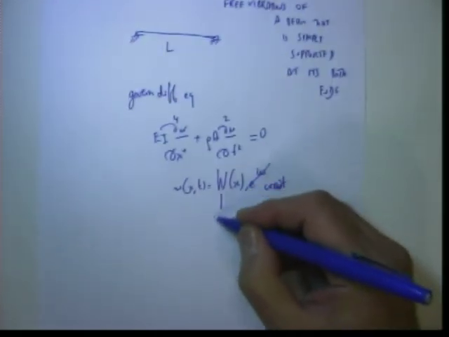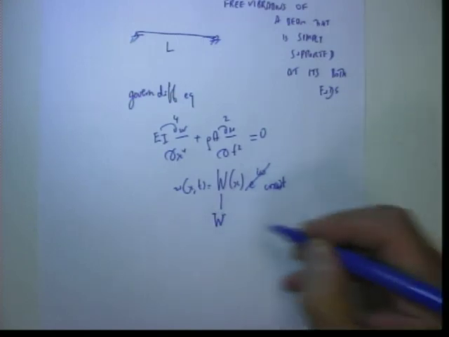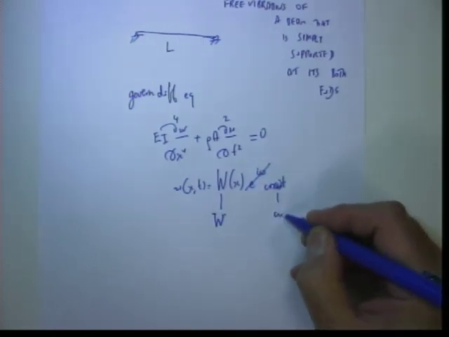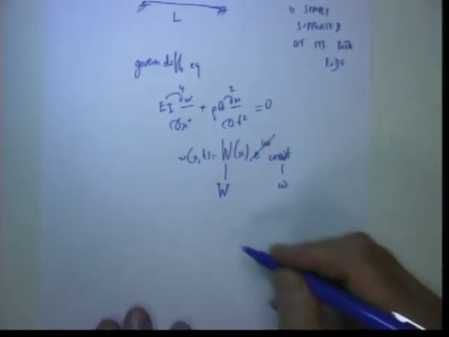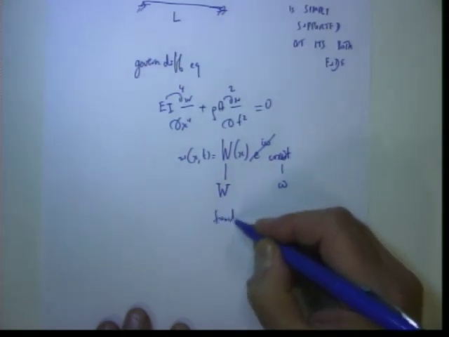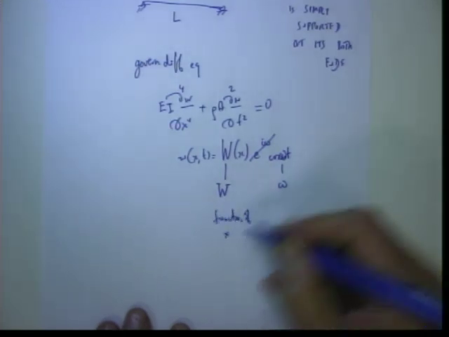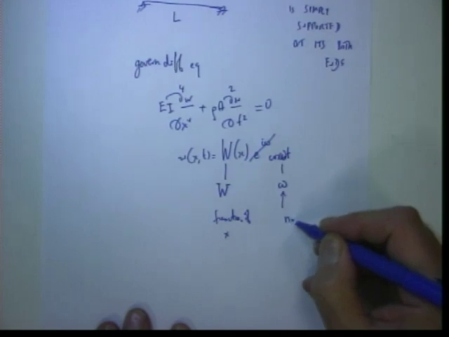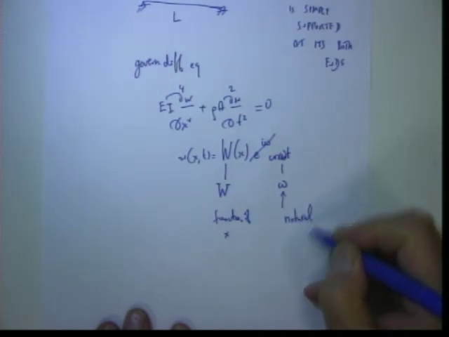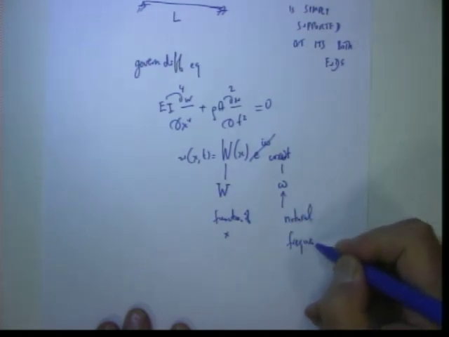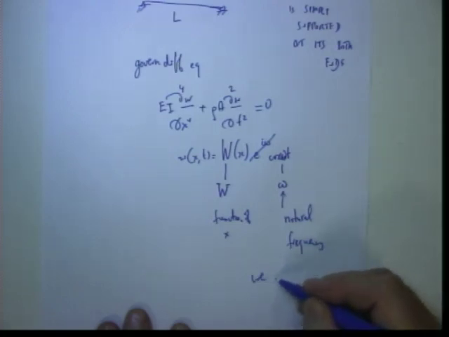So this is W, and this is omega, because these are different things. This is a function of x, and this is a natural frequency we are looking for.